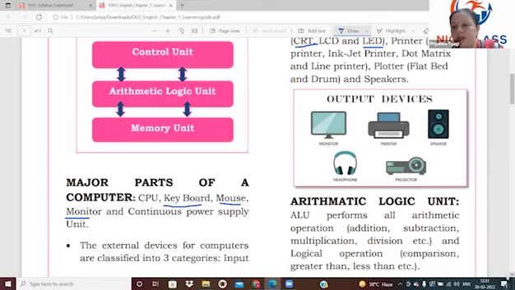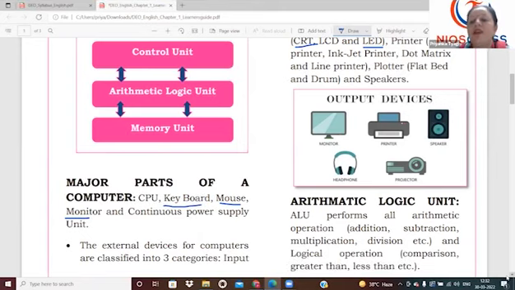Flatbed plotters are basically table size plotters. Drum plotters are usually just like a printer, but size wise bigger compared to a normal printer. Secondly, they have a drum-like internal system which directly touches the paper, and they print the text in a very systematic format.